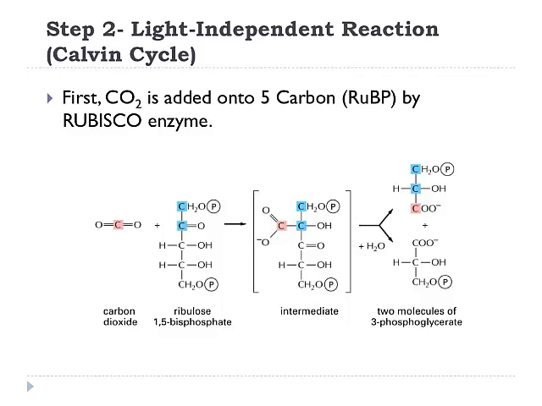And for each molecule, it's combined with ribulose 1,5-bisphosphate in the reaction center of the rubisco enzyme, which brings them into close proximity, catalyzing that reaction. And then this 6-carbon molecule is produced or split into 2 3-carbon molecules, 3-phosphoglycerate.